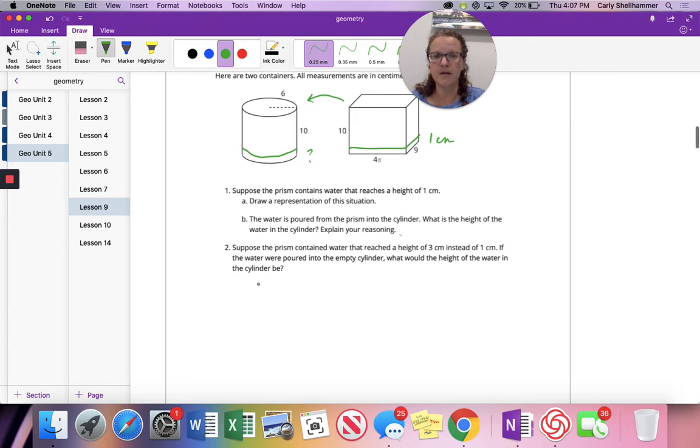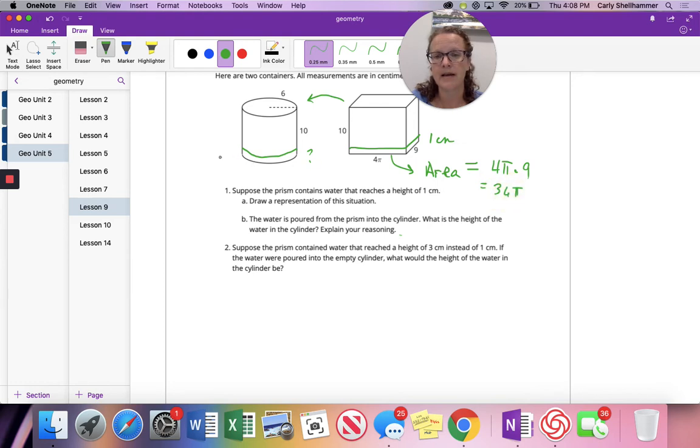So I'm moving this up. We have the same height here. Can we figure out what the area of the base is? Length times width, which is 4 pi, times 9, which is 36 pi.